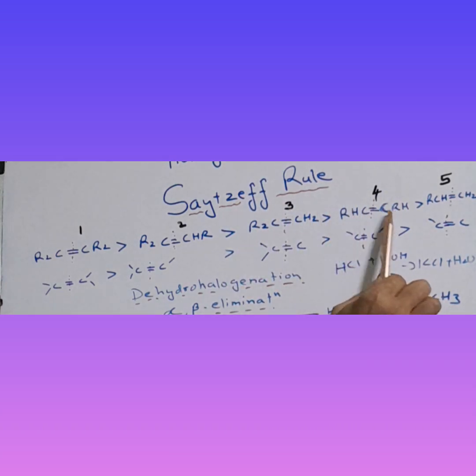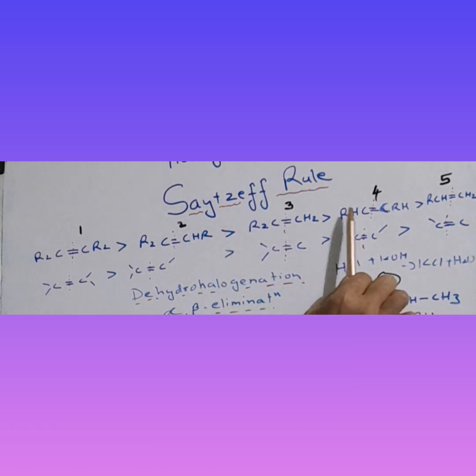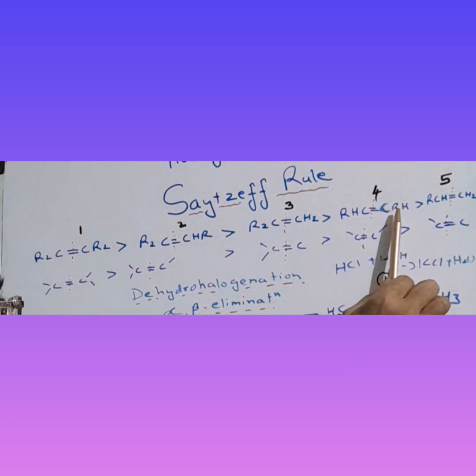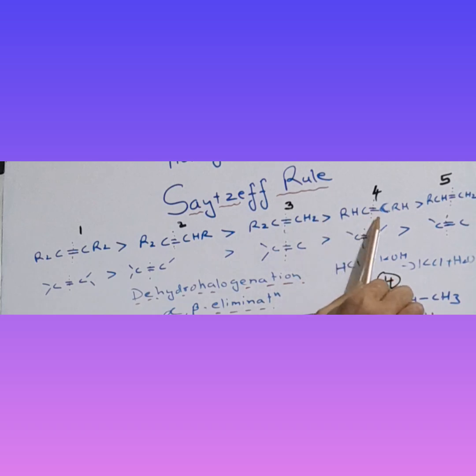Now if we compare this with this, here both the alkyl groups are on this side. Here 1 alkyl group is on this side and 1 alkyl group is on this side. So across we have 2 over here, whereas here we have 1. So this is more preferred than this, and then this is least preferred.